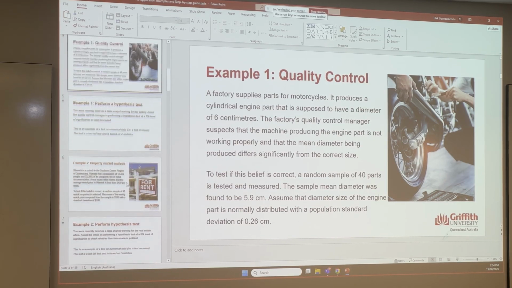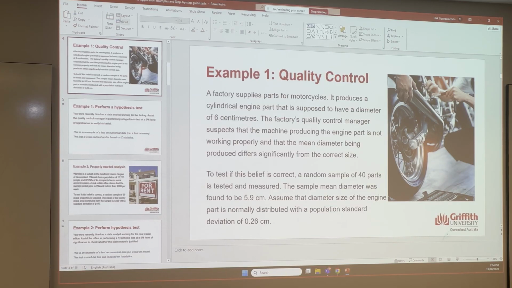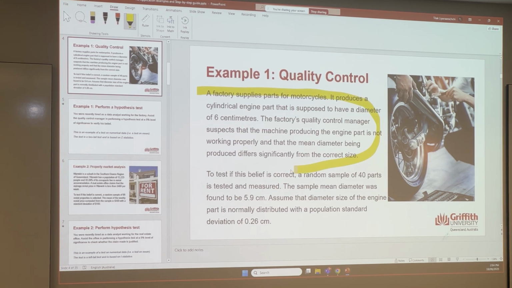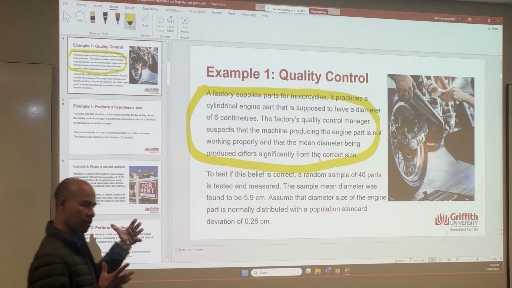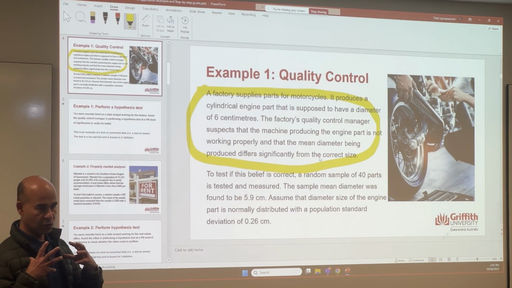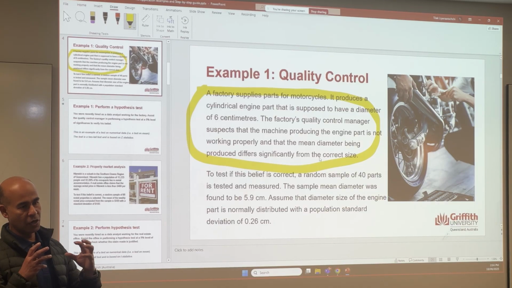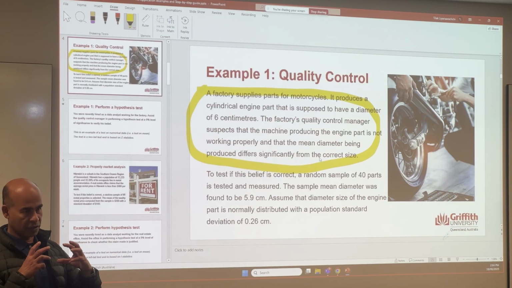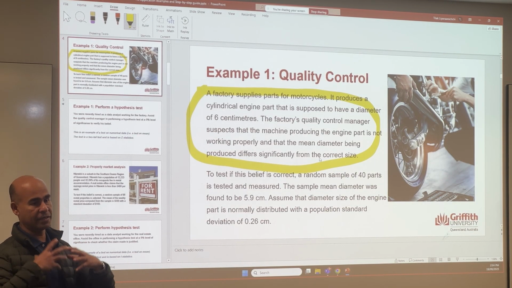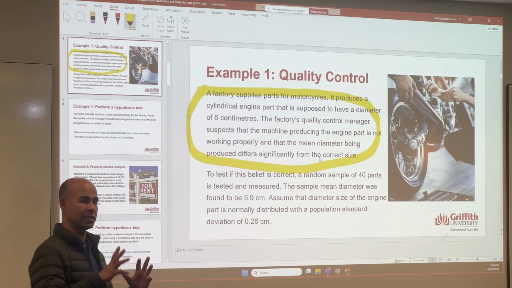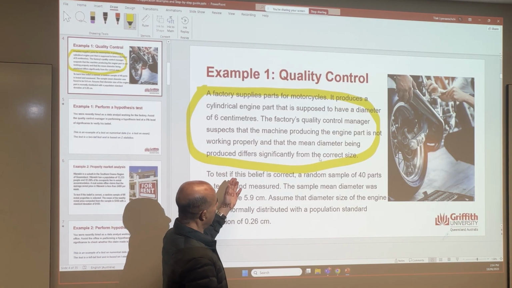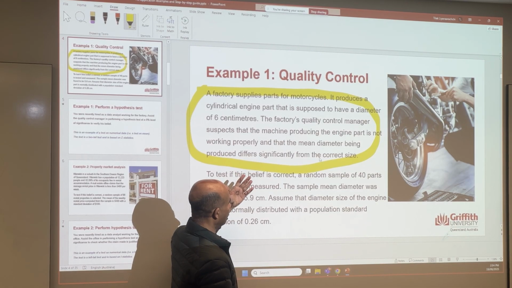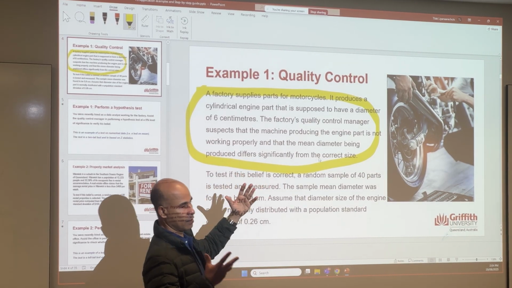The first thing, when you look at this statement, if you are a statistician, your job is to understand the question as a statistician. But other people are not statisticians, they are from different areas.